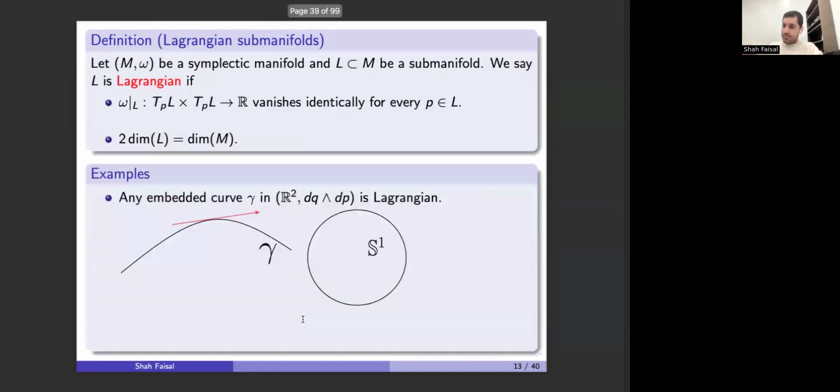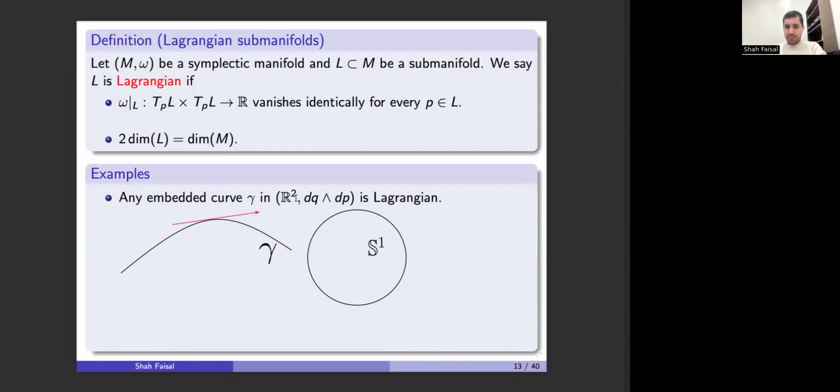So let me give you some examples of Lagrangians because I'm going to talk about Lagrangian submanifolds for the rest of the talk. If you take the symplectic plane R2 with the standard symplectic structure, and you take any smooth curve, a one-dimensional submanifold gamma, then the tangent space is one-dimensional.